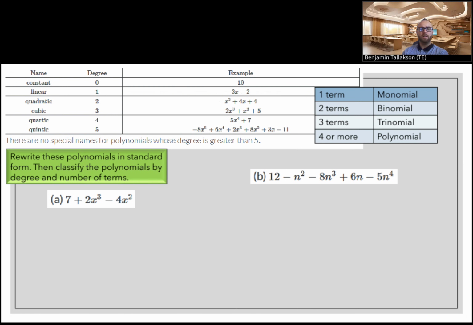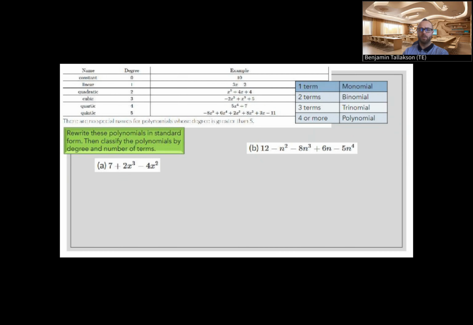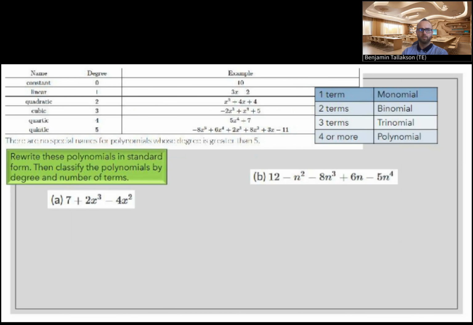Okay, let's go ahead and practice writing these polynomials in standard form and then classifying them by degree and number of terms. Hopefully you got a chance to practice. We want decreasing powers.